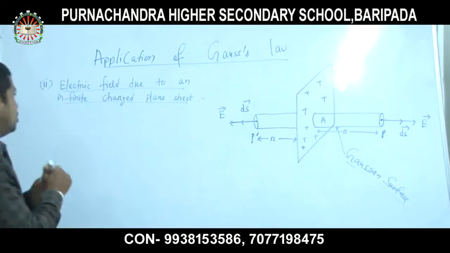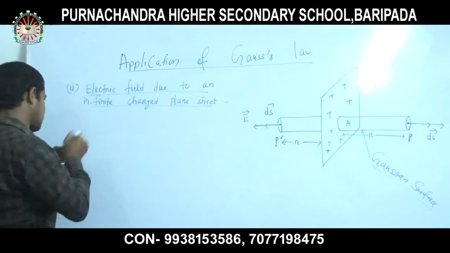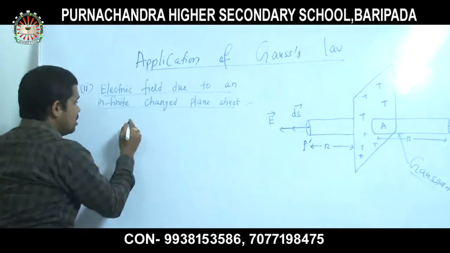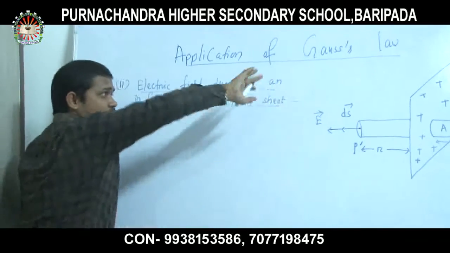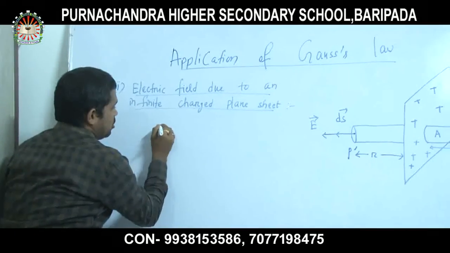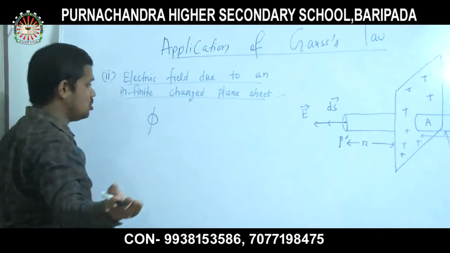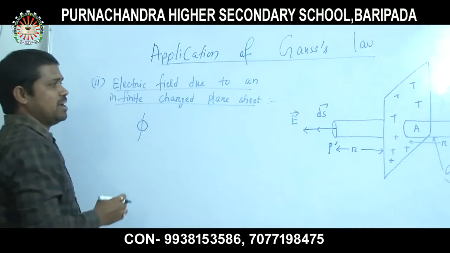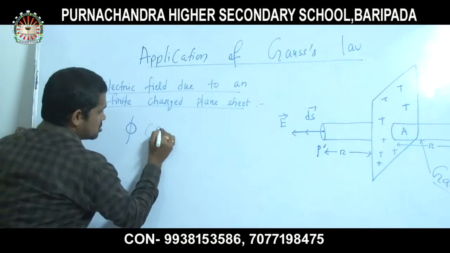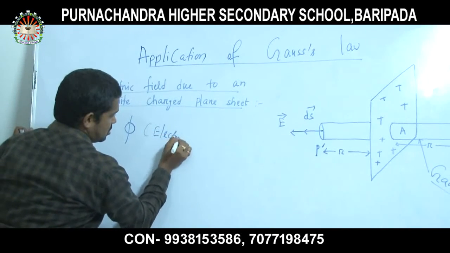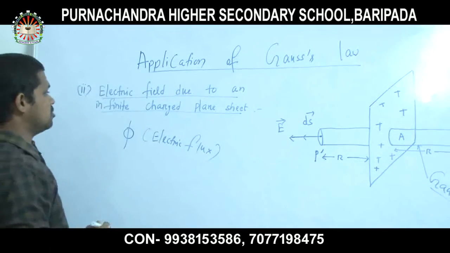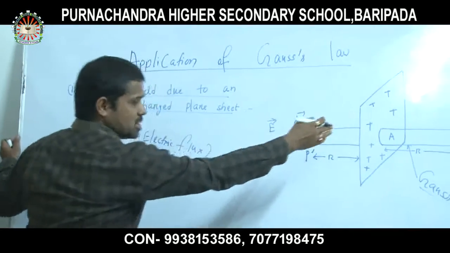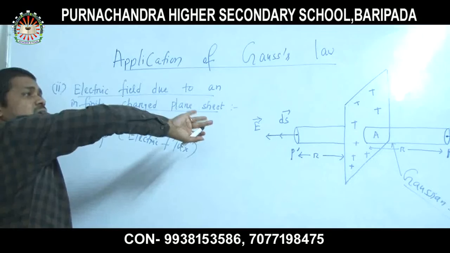Okay. So first of all, I will go with the same concept for this up surface and this down surface. First I have to find out what is phi. As you know, previously I have also found the phi. So phi means the electric flux. Let us find out the electric flux for the up surface and the electric flux for the down surface.